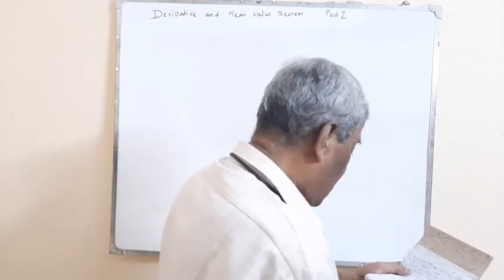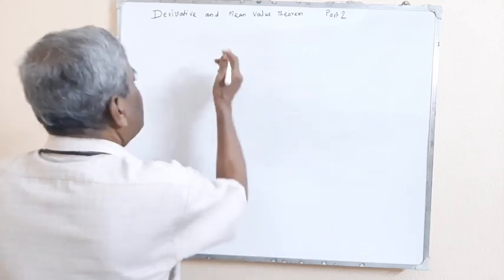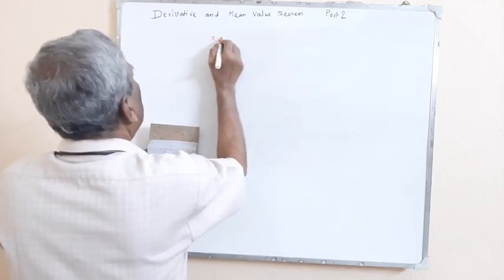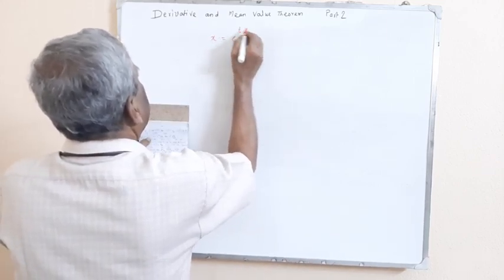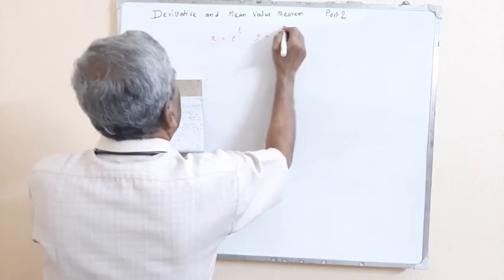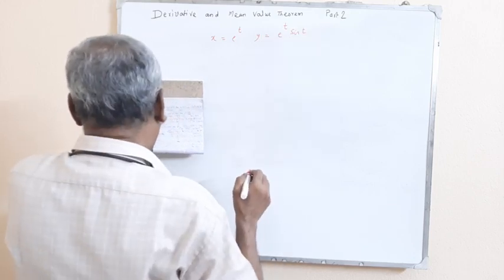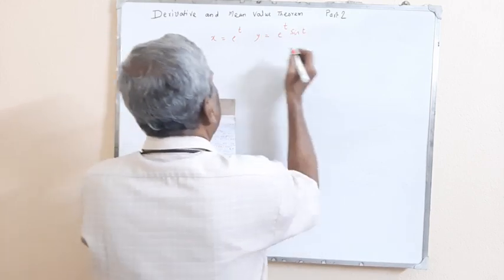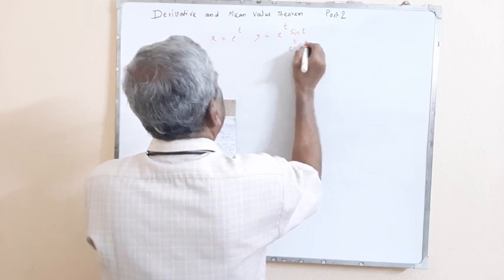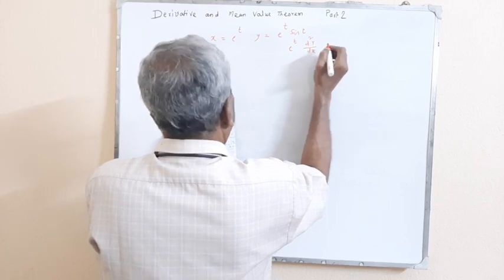Now our next problem. x is equal to e to the power t, y is equal to e to the power t sin t. Then the value of e to the power t d2y dx2 is.